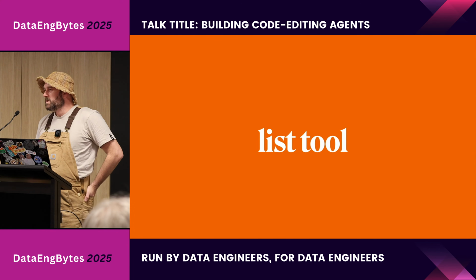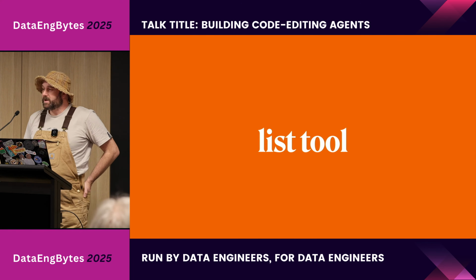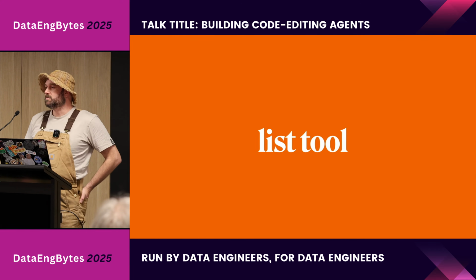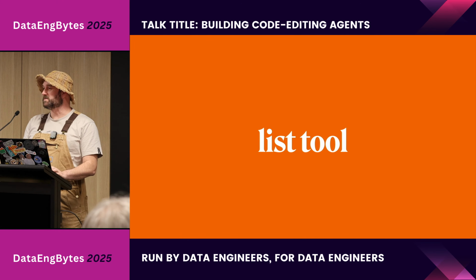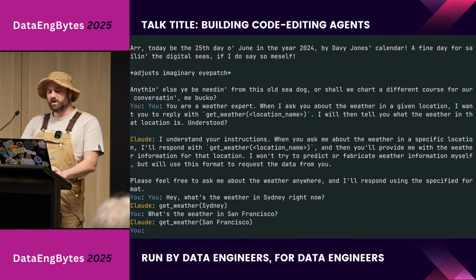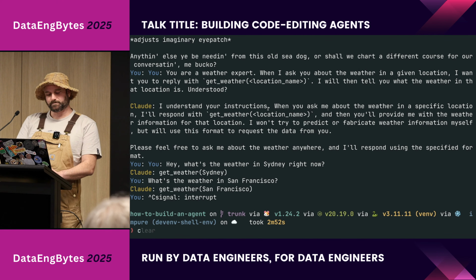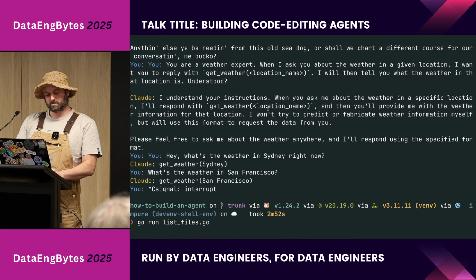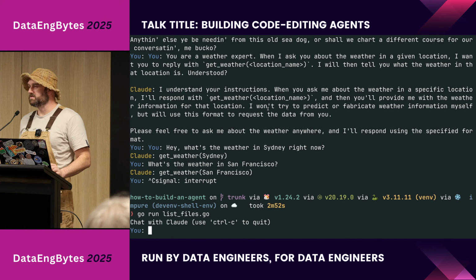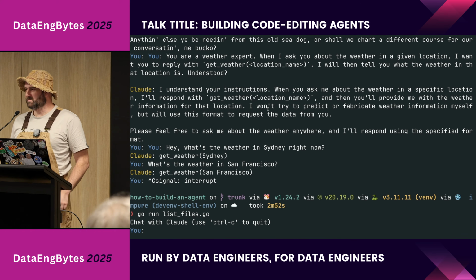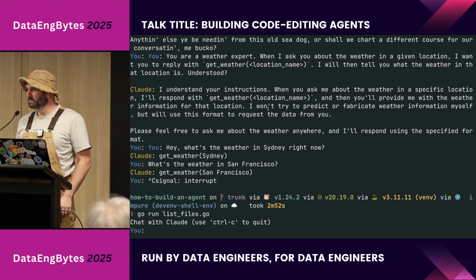Cool. Now this is where it gets really cool, because we're going to build in some tools like Claude Code, AMP, Windsurf, Cursor. They're all these primitives. The first primitive of a coding tool is a list files tool. So it's very similar to the weather function.